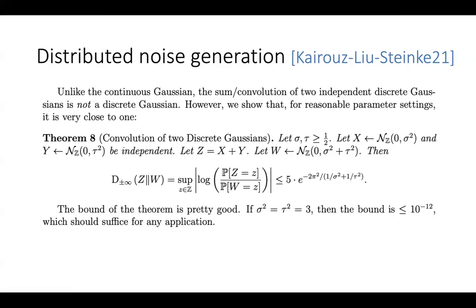And just to give you an idea of how good this result is, if the variance proxy of the Gaussians is at value 3, which is quite a small value, then the max divergence between the sum and a single discrete Gaussian is less than 10 to the minus 12, which is extremely small. And if you make the variance proxy larger, it's only going to get a better bound. So that's a very nice property of the discrete Gaussian.